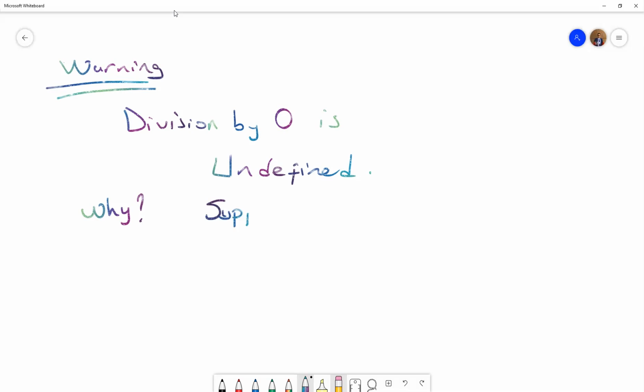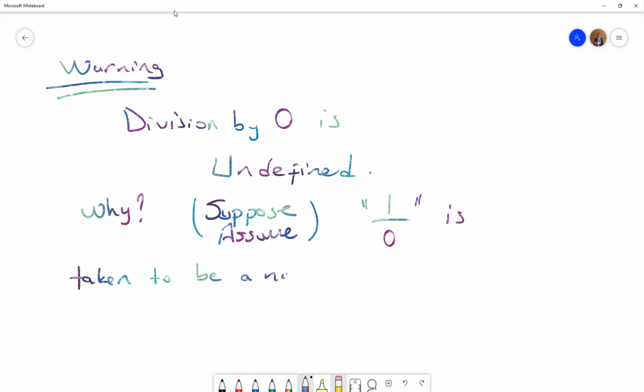Suppose, or assume, that 1 over 0 is taken to be a number. Let's assume like that. So what can we consider?